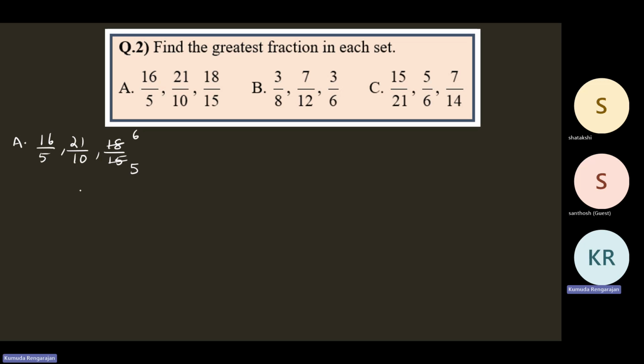So now you don't have to spend time finding the LCM. What is the LCM of the denominators 5, 10, and 5? The LCM is 10. So 16 by 5, to get the denominator 10, you should multiply 5 with what? 2.